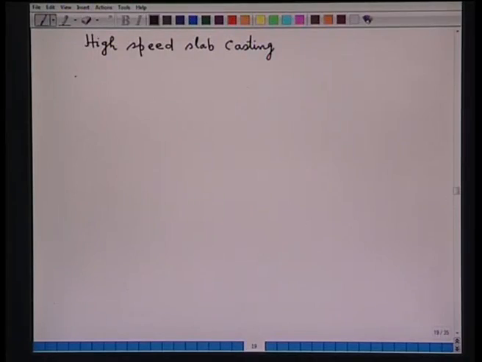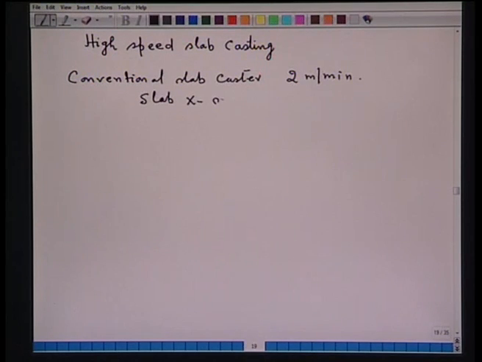So, let us consider a conventional slab caster which is casting at 2 meter per minute. The slab cross section is, let us say, 280 millimeter thick into 1950 millimeter wide.